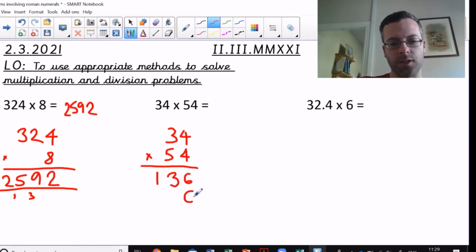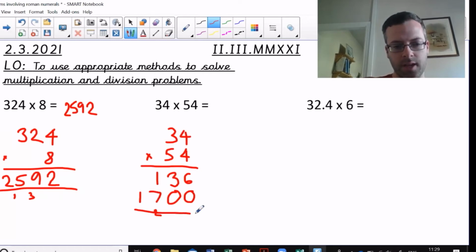So because it's a 50, I'm going to start in my tens column, so I'll put in my placeholder. So 5 tens times those 4 ones is 20 tens, carry my 2. 5 tens times 3 tens is going to be 15 hundreds plus those 2, so 17 hundreds. So then I add those together: 6 ones, 3 tens, 8 hundreds, 1,000s. 1,836.